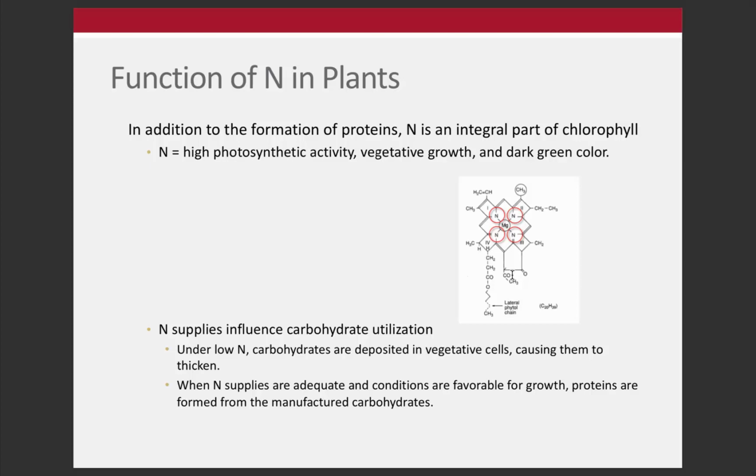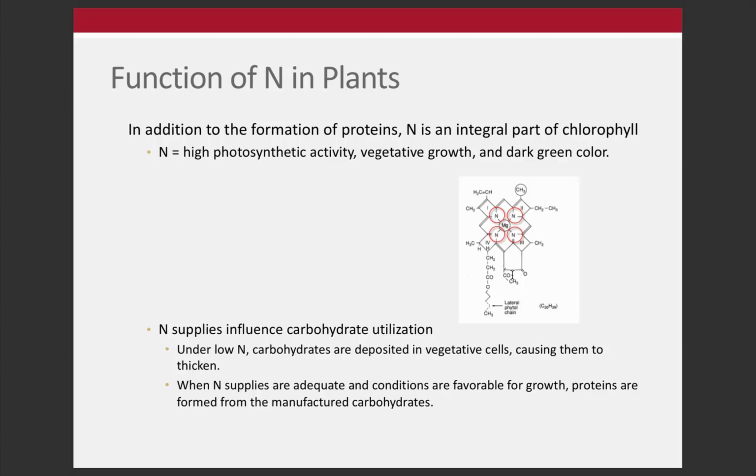Nitrogen supplies influence carbohydrate utilization, so how efficient plants are in terms of building, respiring, and maintaining carbohydrates, okay? Under low N circumstances, carbohydrates can be deposited in vegetative cells, causing the cell walls to thicken. And when nitrogen supplies are adequate or conditions turn more favorable, proteins are formed from this quote-unquote stored carbohydrate.